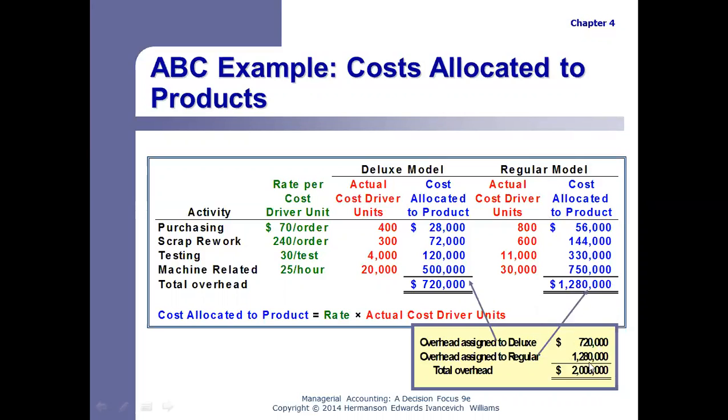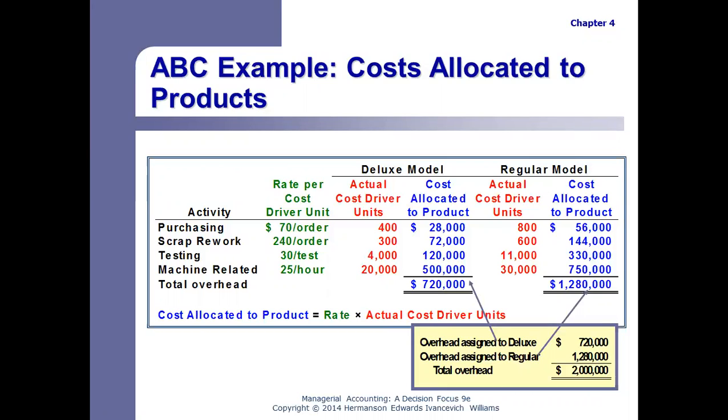Okay. So activity-based costing is how to spread out overhead costs among products using different activities with different cost drivers. Again, it's more complicated than the traditional method where we just took one driver for the whole company and just used that.